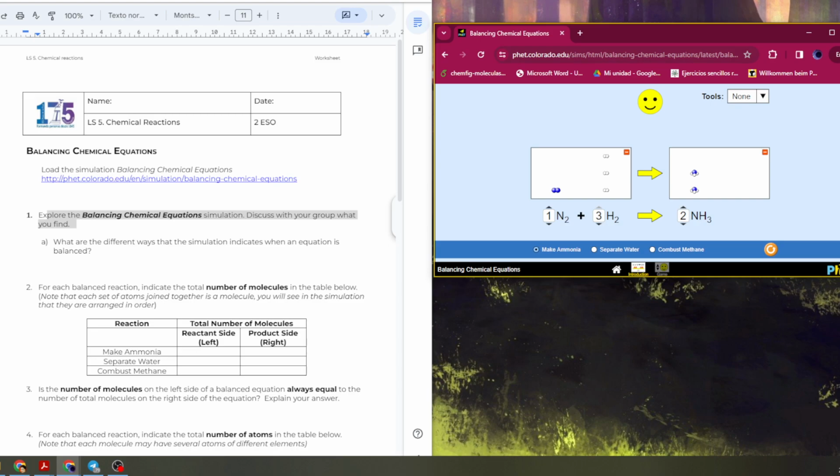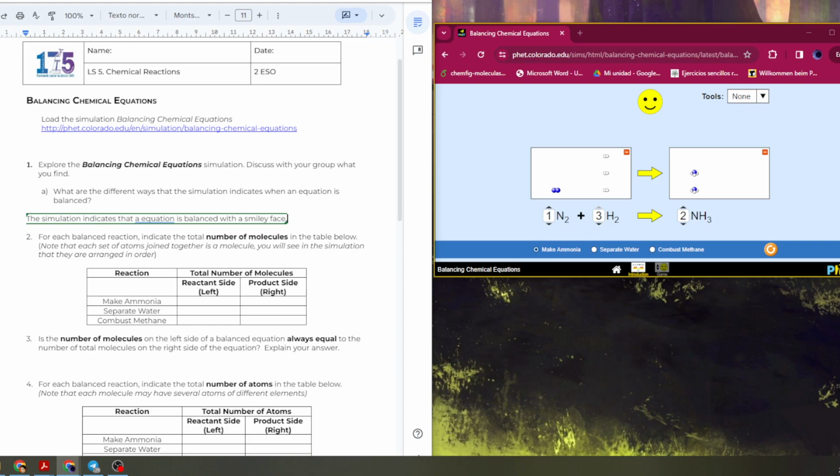Then 2 times 3, I have 1, 2, 3, 4, 5, 6 hydrogens. In order to have 6 hydrogens, I need 3 molecules of H2. So, to answer this, you need to say the simulation indicates that an equation is balanced with a smiley face, for example.